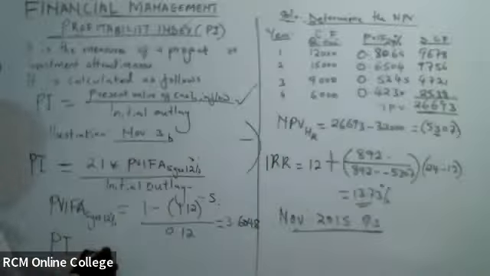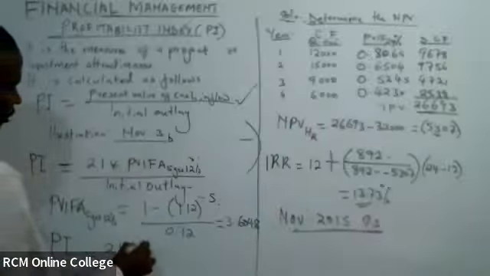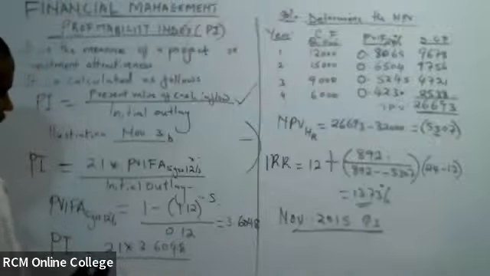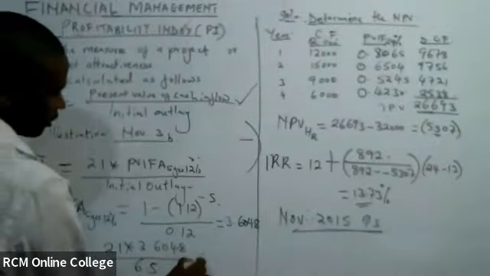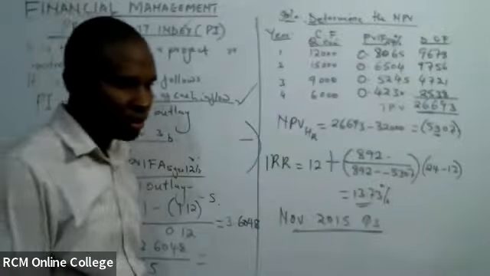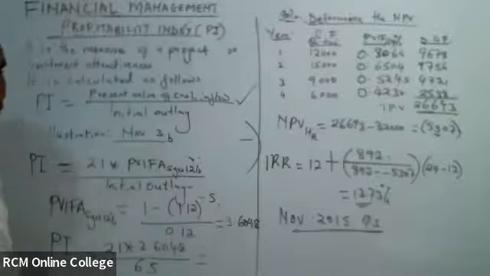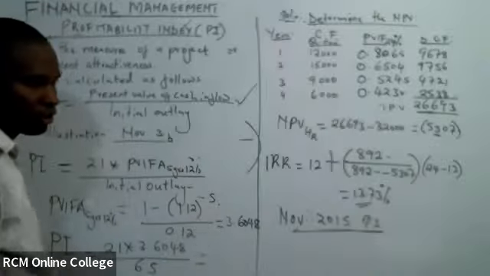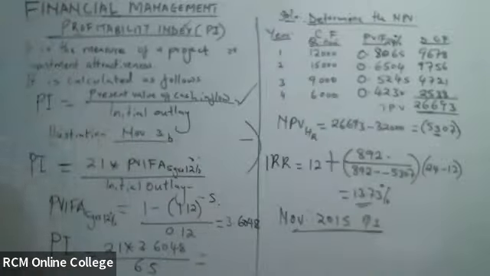PI will be given by 21 times 3.6048 divided by 65. Just get the PI and we are done with that. 3.04. Frida, what is yours? You have typed this well. At least your -5 is right. Just check or use the table.